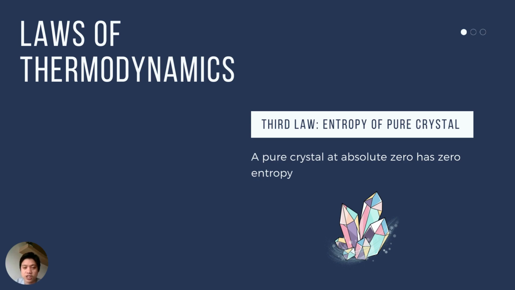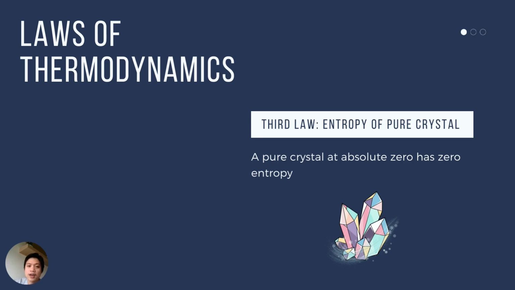So a special form or characteristic of a pure crystal is that if you have a pure crystal and that crystal is placed in a temperature of absolute zero, that means negative 273 Kelvin, that crystal will stop from moving. The particles of that crystal will stop from moving, and therefore it will have zero entropy, zero disorderliness. It is in perfect stillness. It is in perfect organization.